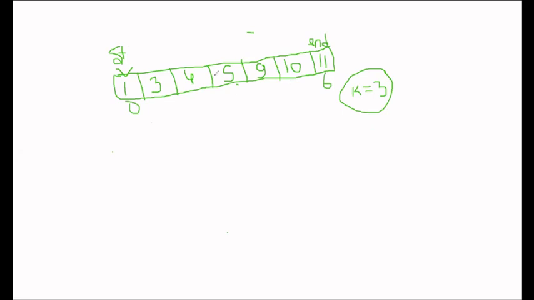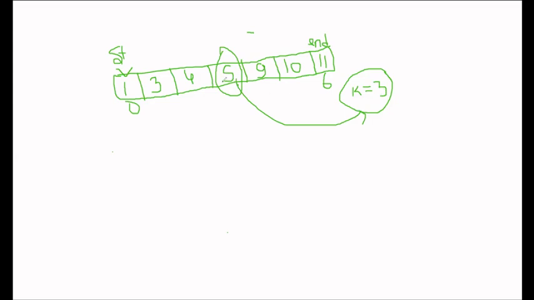So first time we'll get mid as this value. We'll compare mid with 3. It is not equal, means mid is not our target value.